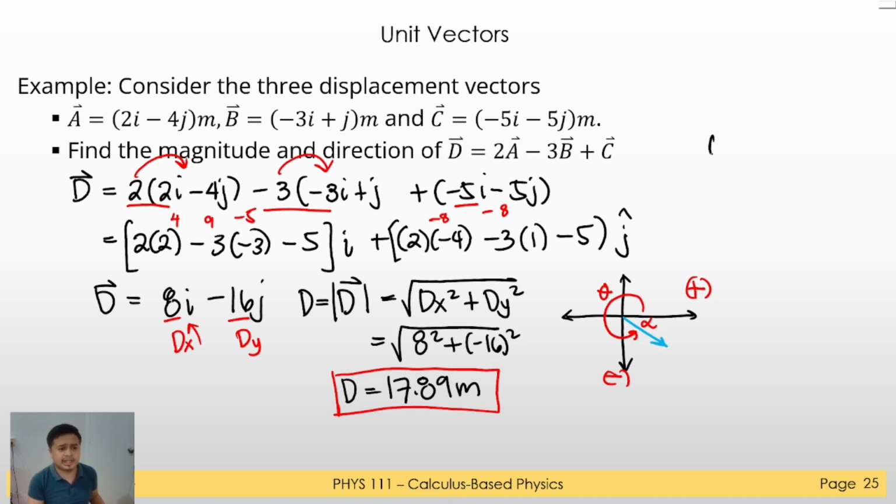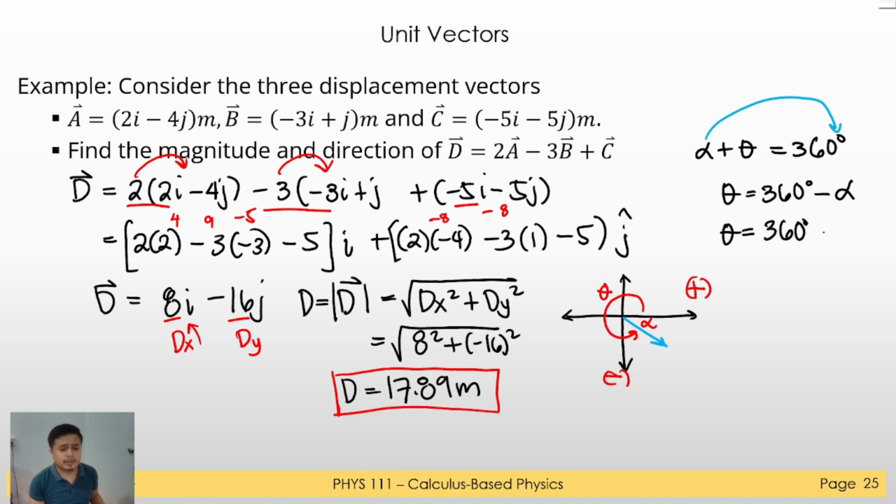So therefore, we could add alpha and theta, and this will be equal to 1 revolution, which will be 360 degrees, as you can see. So 1 whole revolution is 360, therefore theta plus alpha will be 360. So therefore, theta is equal to 360 minus alpha, if we transpose this alpha to the other side. So theta is equal to 360 minus arctangent.